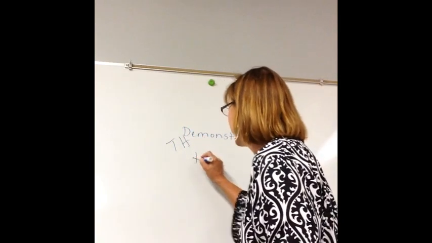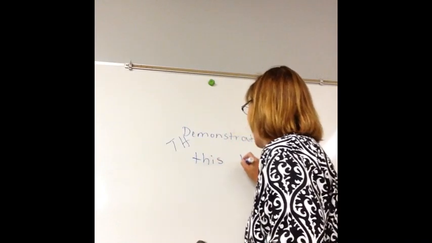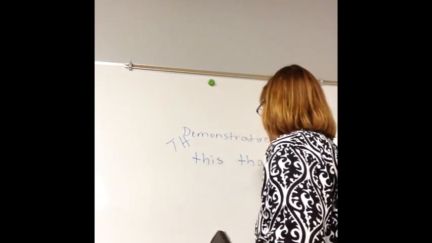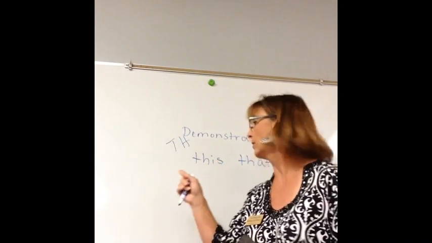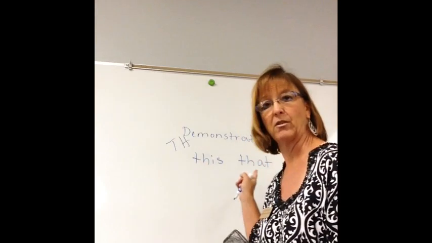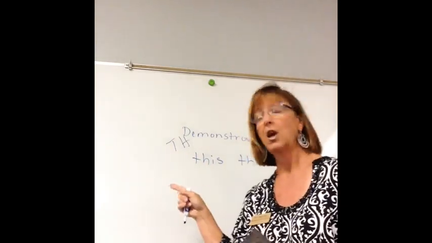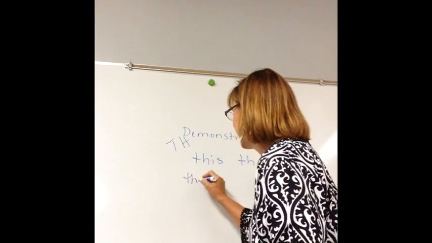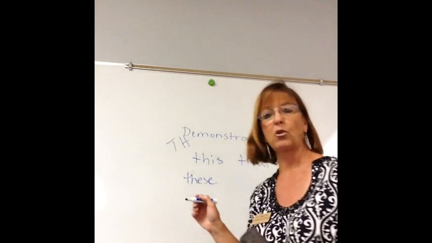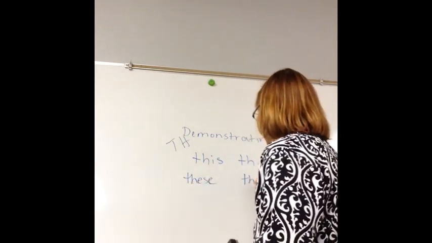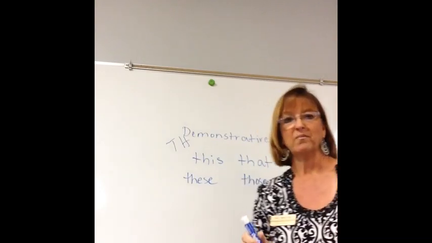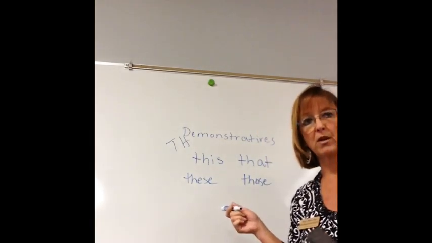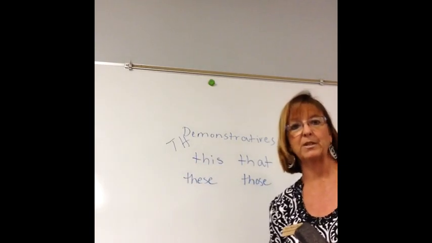So it's this and that, as in this pencil or that pencil, so you're kind of pointing out. Or then the plural form would be these girls, or those girls. So these are our demonstrative pronouns. We're using them to point to something specific.